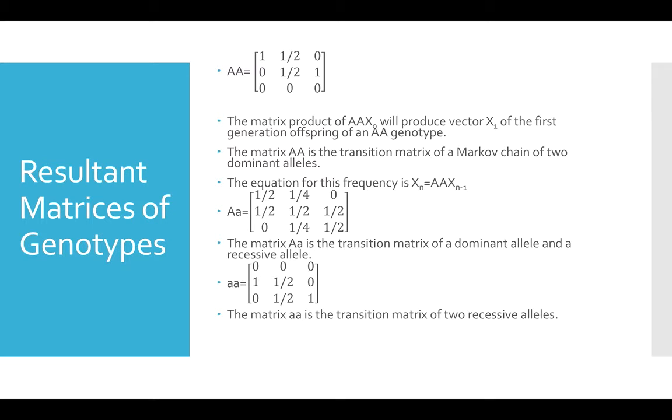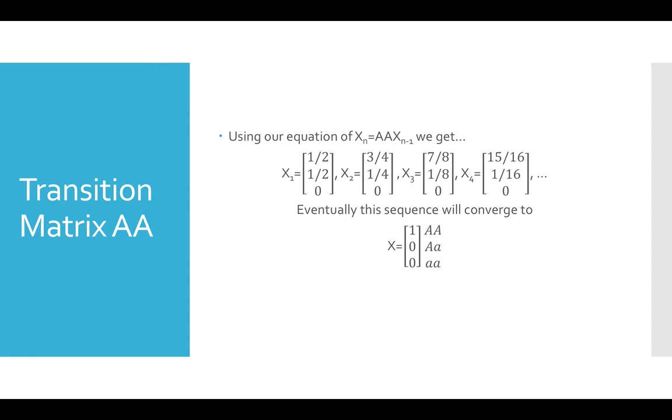Then for one dominant allele and one recessive allele, we have 1/2, 1/2, 0; 1/4, 1/2, 1/4; and 0, 1/2, 1/2. And then for the two recessive alleles, we have 0, 1, 0; 0, 1/2, 1/2; and 0, 0, 1. These are all the transition matrices of these alleles.